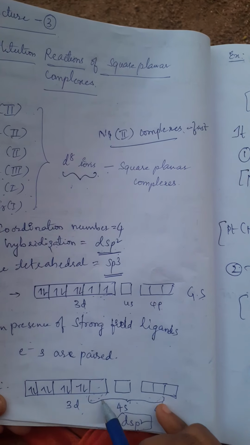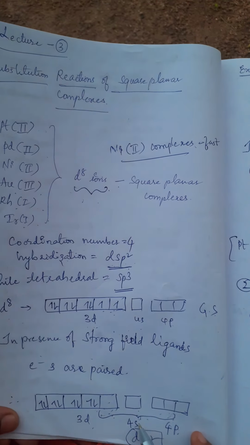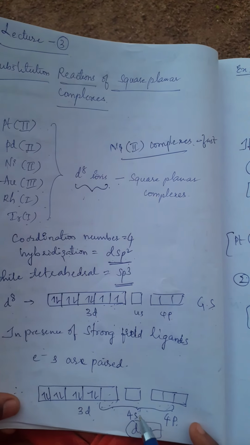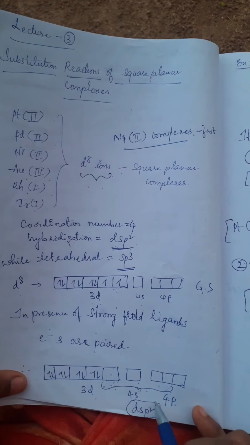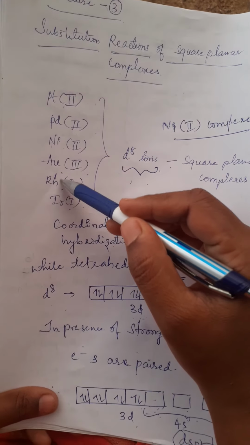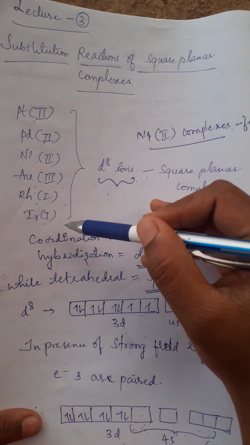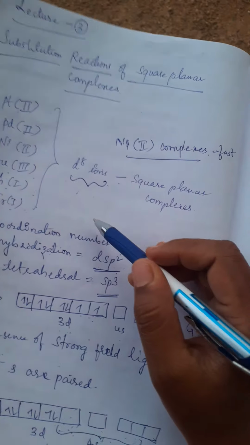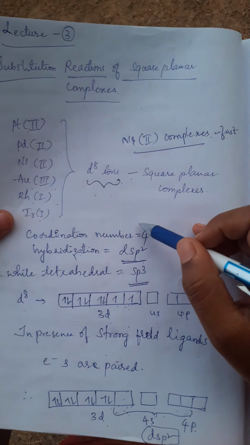These four dsp2 hybridized orbitals will be oriented in a square planar manner. So the ligands approach the central metal in such metal ions and form square planar complexes. Now let's discuss how substitution reactions are possible in square planar complexes.